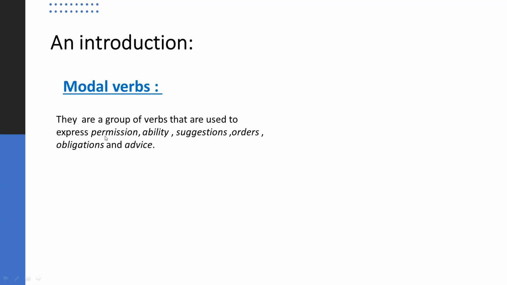مثلا كأنني أسمح لشخص، أعطيه السماح للقيام بعمل ما. Ability القدرة على عمل شيء ما. Suggestions اللي هي اقتراحات. Orders الأوامر. Obligations إلزامات. Advice النصيحة. Now what are they?